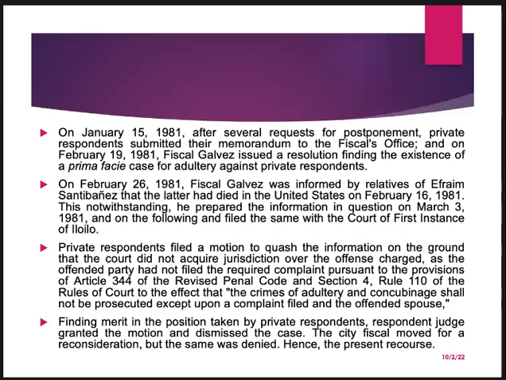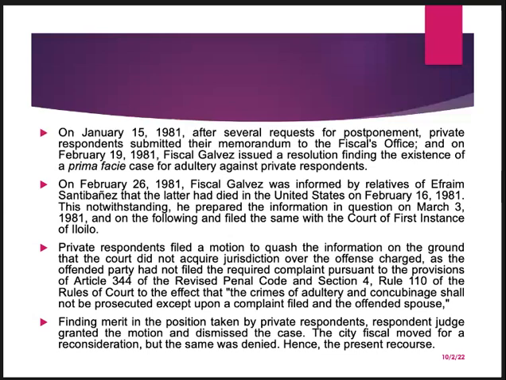So the private respondents, Cecile and Attorney Bob, filed a motion to quash the information on the ground that the court did not acquire jurisdiction over the offense charged, as the offended party had not filed the required complaint pursuant to the provisions of Article 344 of the Revised Penal Code and Rule 110 of the Rules of Court, to the effect that the crimes of adultery and concubinage shall not be prosecuted except upon a complaint filed by the offended party.